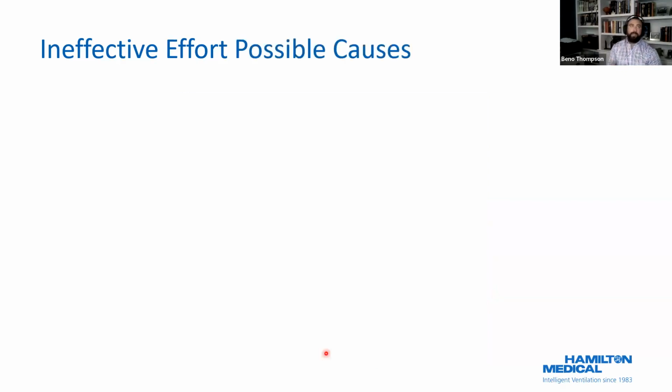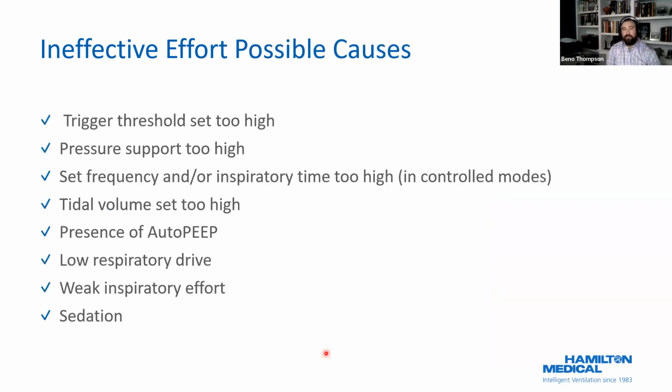So what caused this? This is going to look exactly the same as a delayed trigger, right? Your trigger threshold is set too high. It's not sensitive enough, right? Pressure support is too high. Goes back to Dr. Lung's study. And then again, with too much support, the frequency or I time is too high, tidal volume too high.